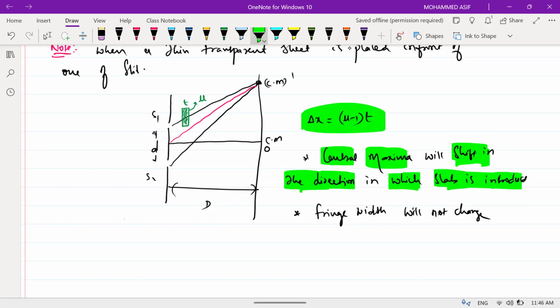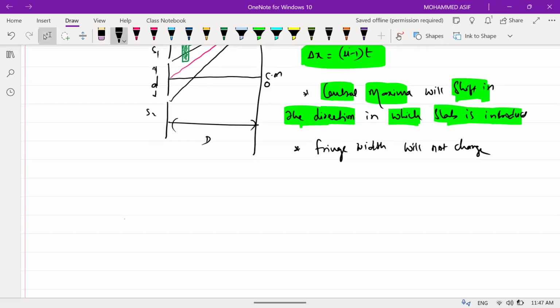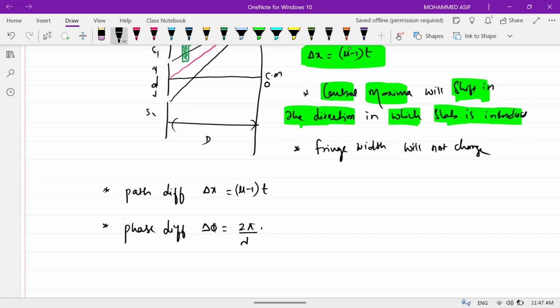And path difference is given by the formula mu minus 1 into t. So what will the phase difference be? I'll write all the formulas here. Path difference delta x is equal to mu minus 1 into thickness of the slab. Number 2, phase difference delta phi is equal to 2 pi by lambda into delta x, isn't it?